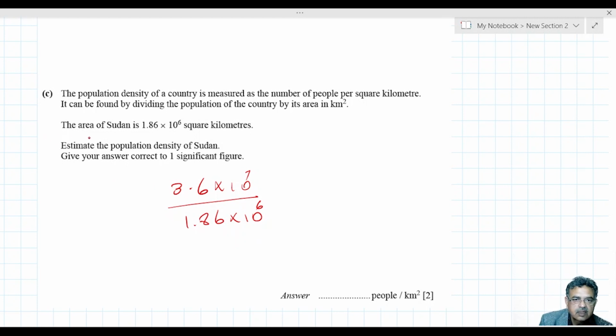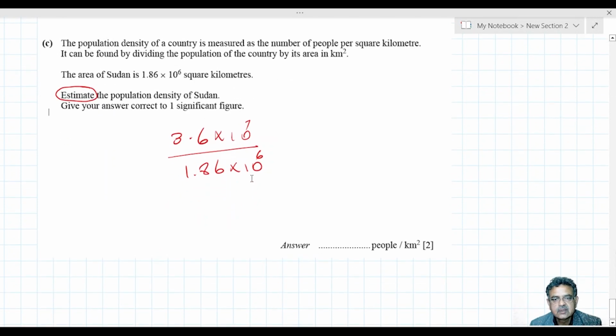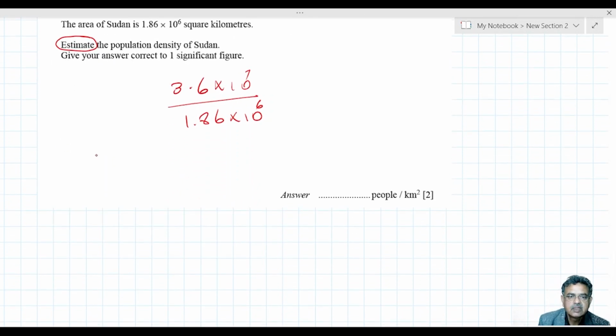Now look, it says estimate. We don't need to calculate the exact value, but we have to find the estimate. So we can write 1.86 as 1.8, because we can make small adjustments in order to take an estimate.